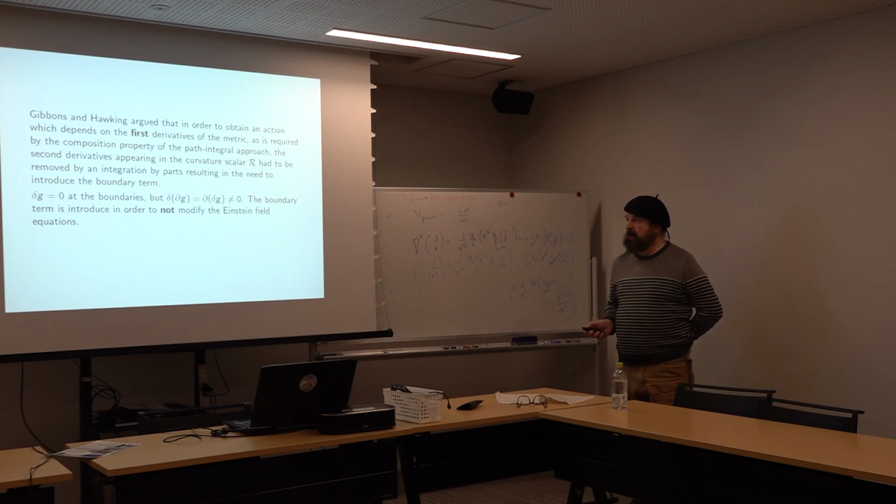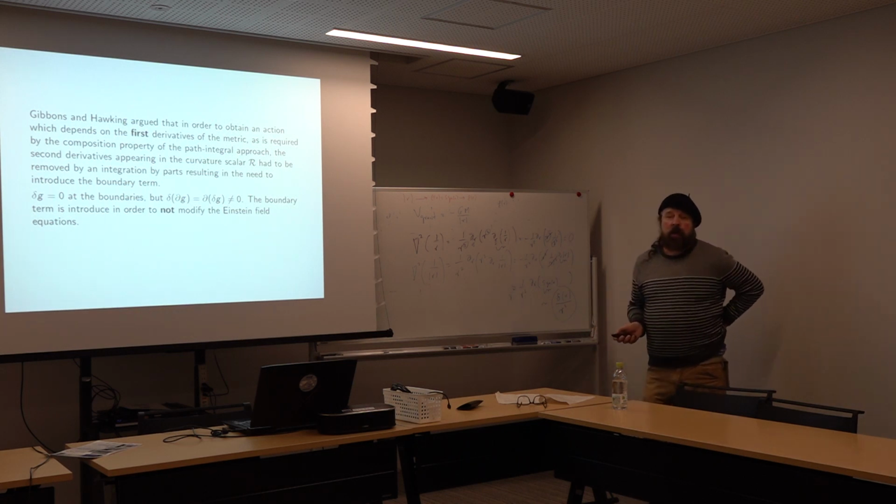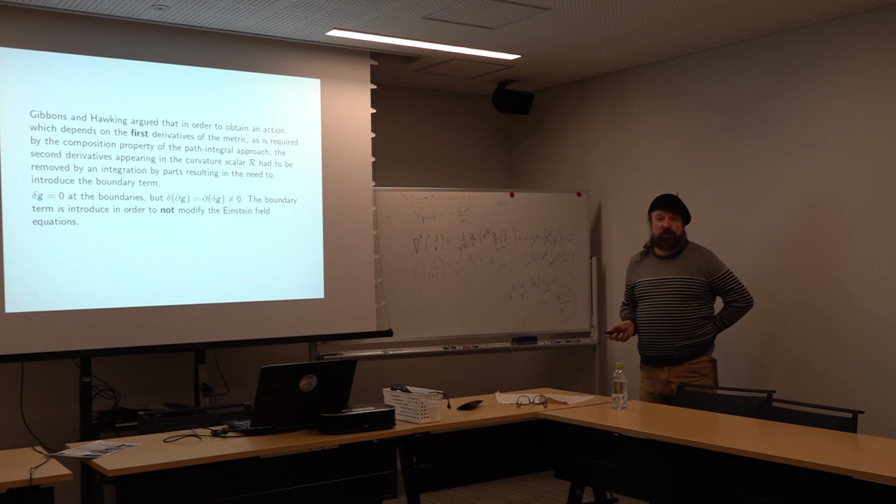So you are going to modify the Einstein field equations, because you introduce extra terms due to the fact that the variation of the first derivative of the metric is not zero. So in order to reproduce the Einstein field equations, you have to introduce a boundary term.